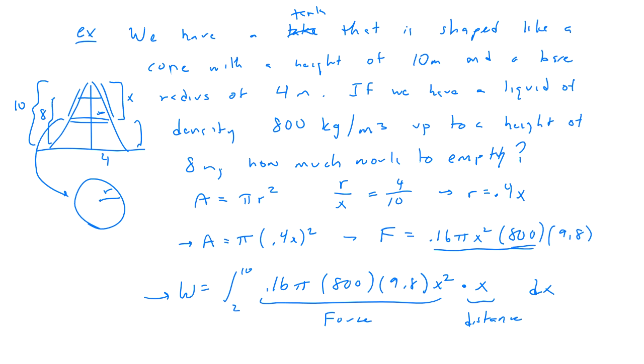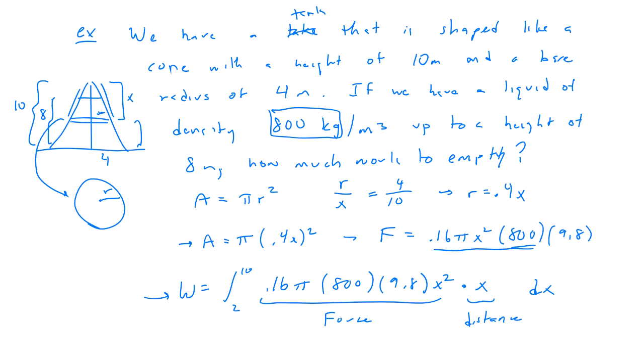So here, notice that the density is in kilograms, whereas we want a force. So again, the annoying thing is that in the US we use pounds, which is a force, whereas the rest of the world uses kilograms, which is a mass.